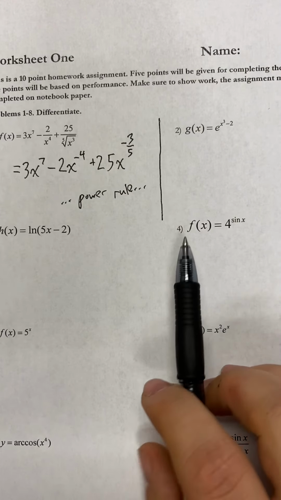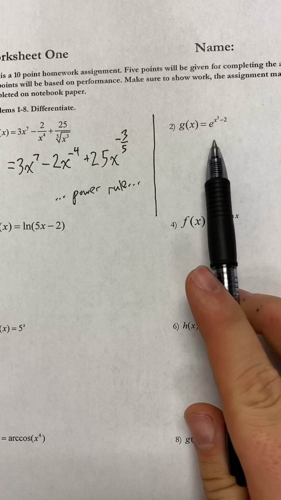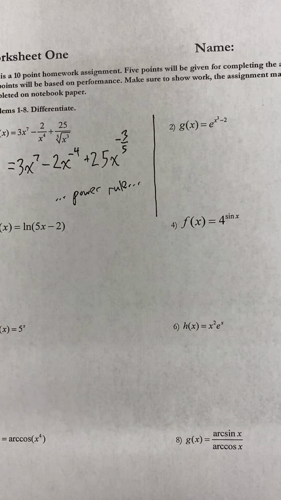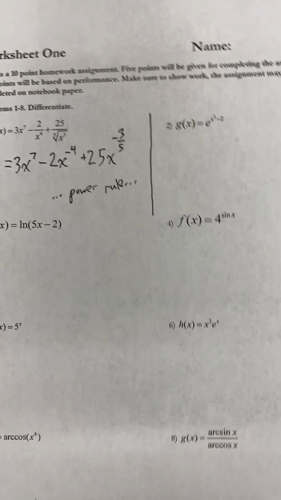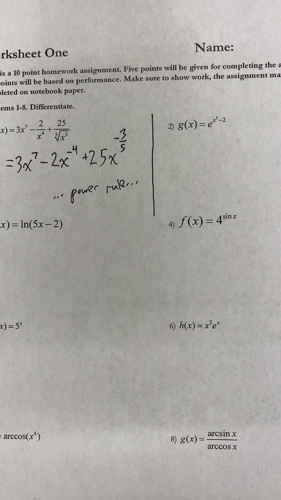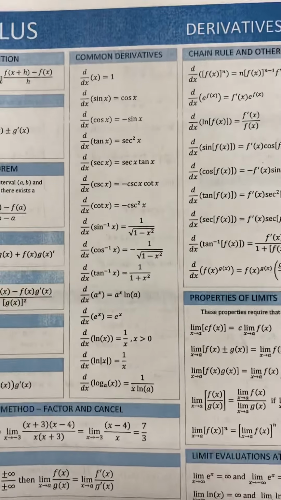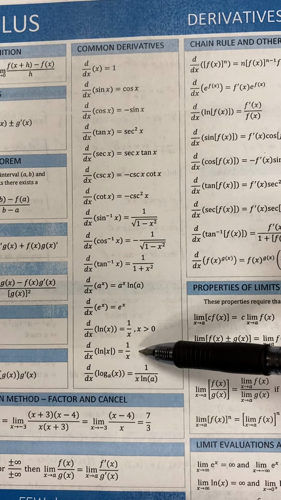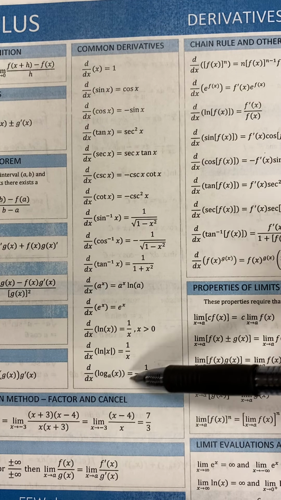Now, the main focus for these derivatives is just working with exponentials and logarithms, which we covered at the beginning of quarter 3. So in case you need a little refresher, don't forget that reference sheet with your common derivatives. There's your logarithm, or natural logarithm, and base a logarithm.